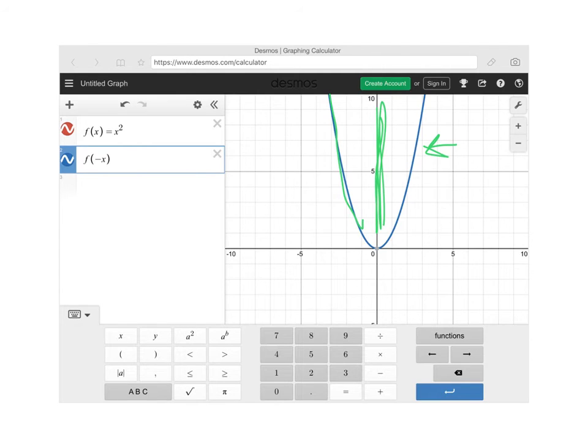Just like in geometric transformations, if I reflect over the y-axis, the y stays the same and the x changes to its opposite. In a parabola, with its axis of symmetry, the left and right just switch places and it looks like nothing happened. You don't see that happen very often. Usually it's the reflection over the x-axis, but while we were talking about it, we might as well look at everything that could possibly be happening.